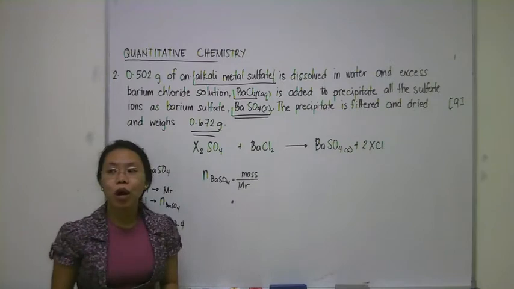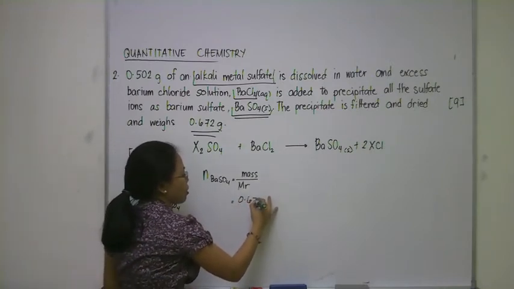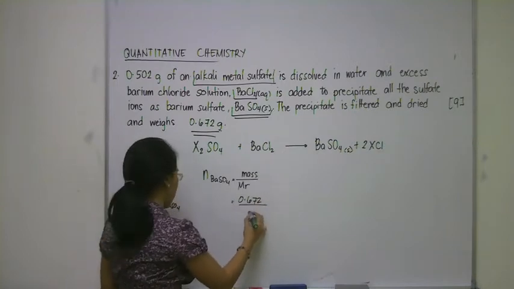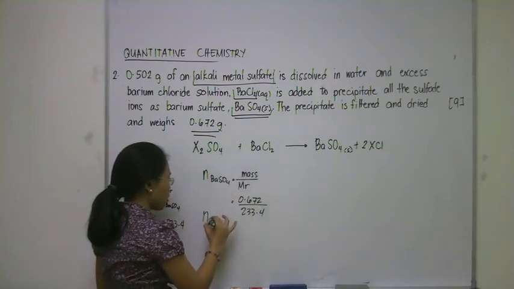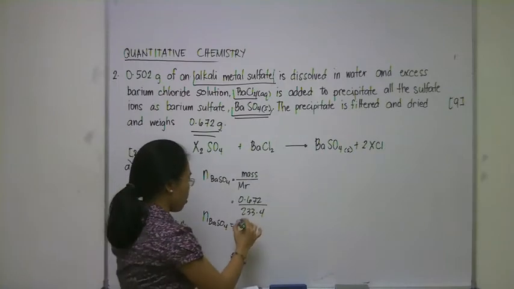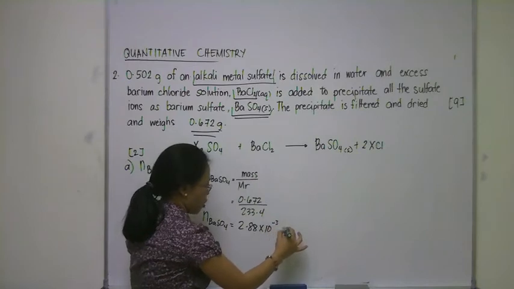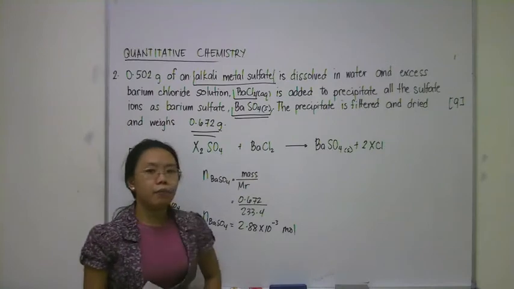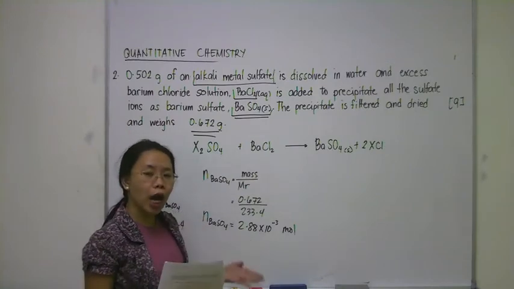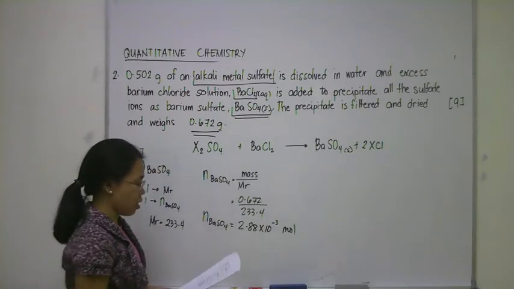I assume that you know how to calculate the MR. So the mass is 0.672 divided by the MR, which is 233.4. Moles of barium sulfate is 2.88 times 10 to the negative 3. Your answer can be in standard form or in scientific notation, as long as you have the correct number of significant figures, which is 3.